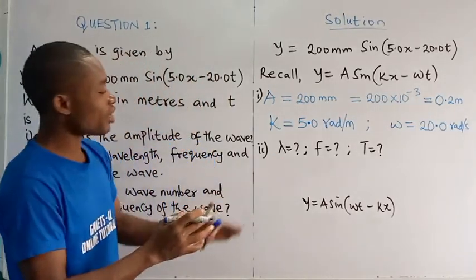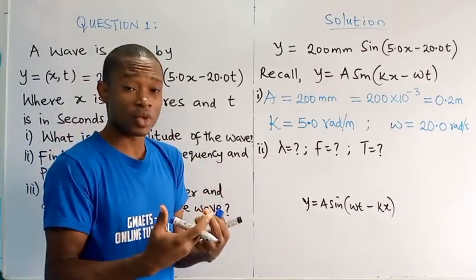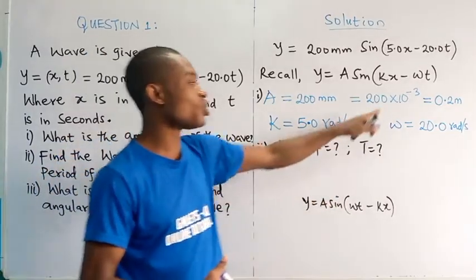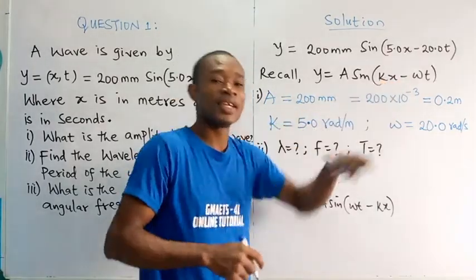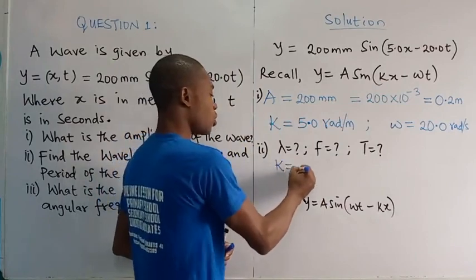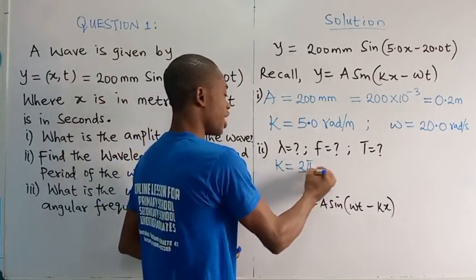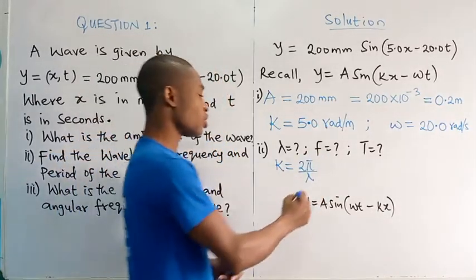You know that to get your wavelength, there is this equation under progressive wave equation that tells us that wavelength is obtained from the x part. See this k. The k, called wave number, is equal to 2 pi divided by the wavelength. So from here we can calculate our wavelength.